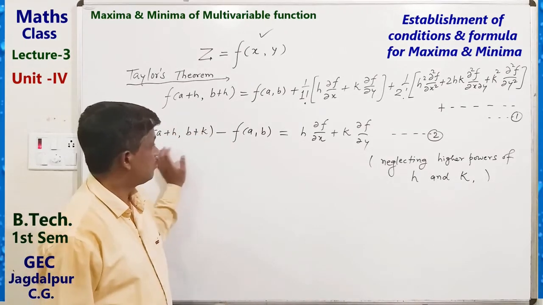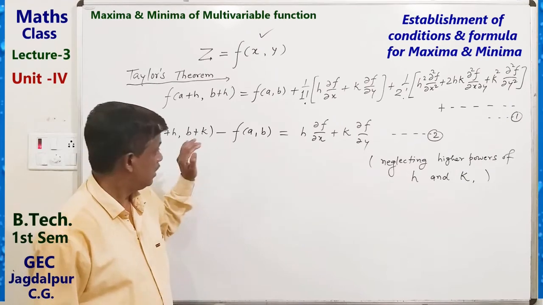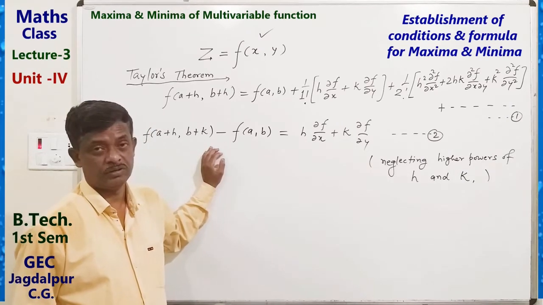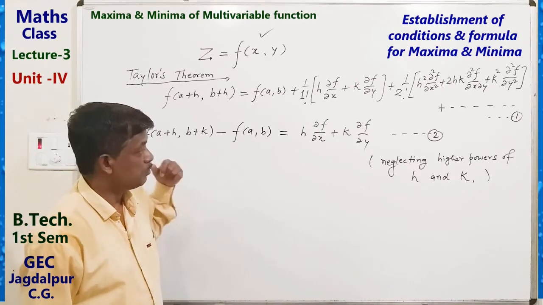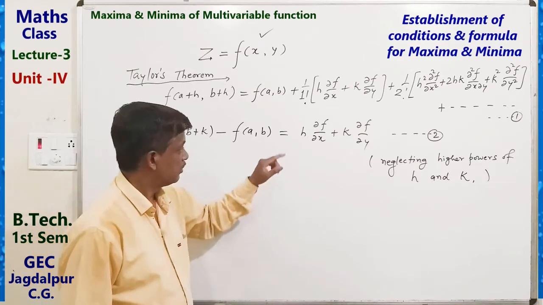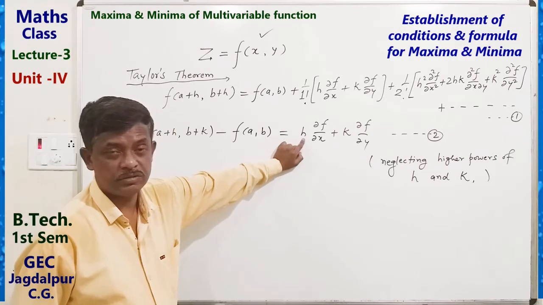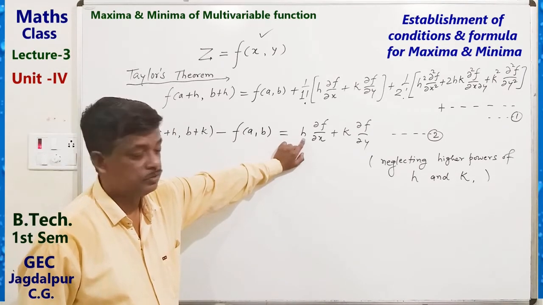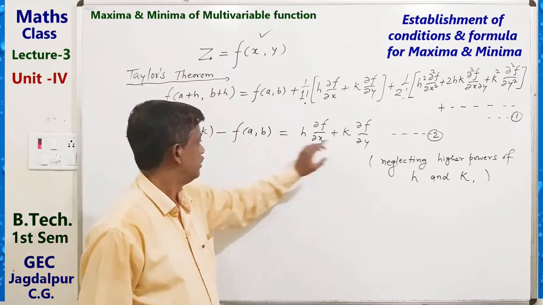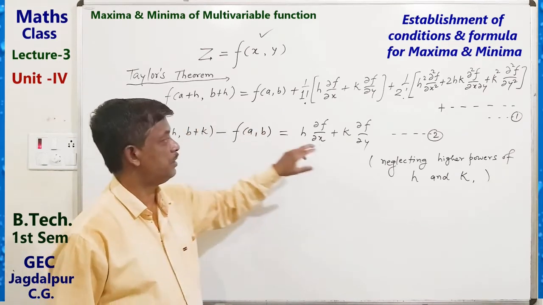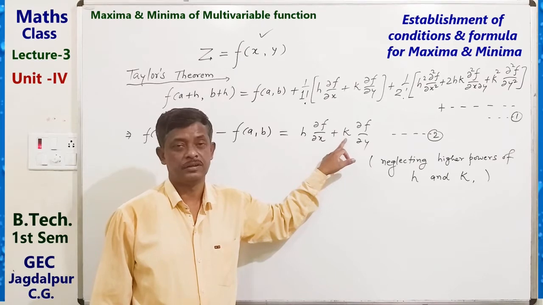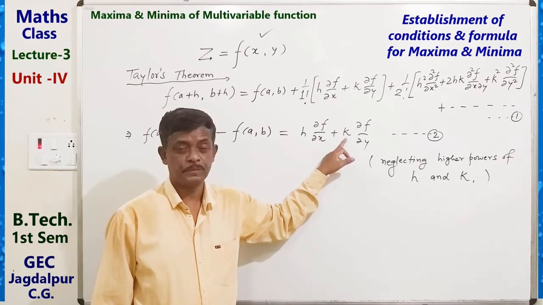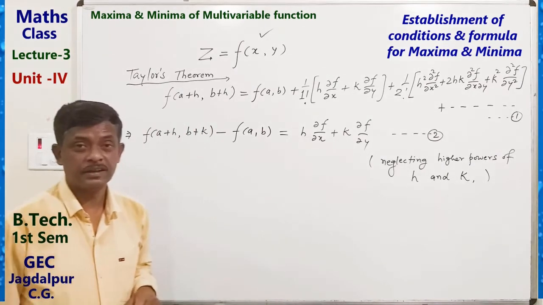So here we see that we require its sign. Suppose h equals to 0, then its sign will depend on the sign of k.